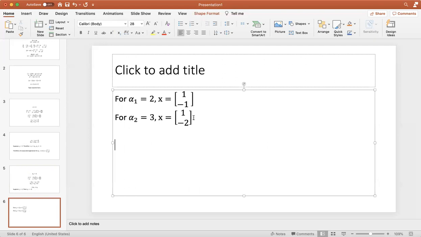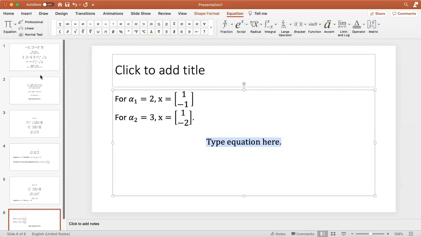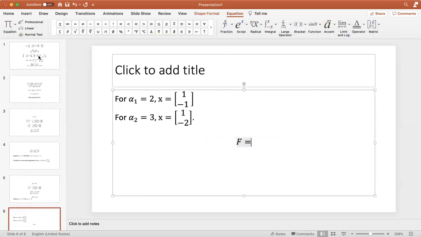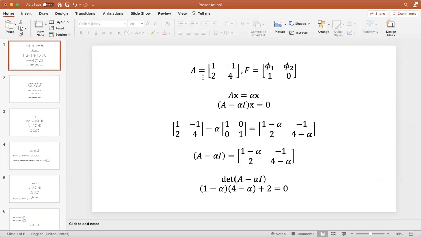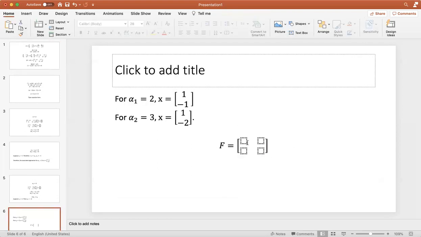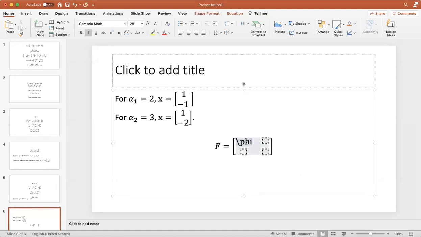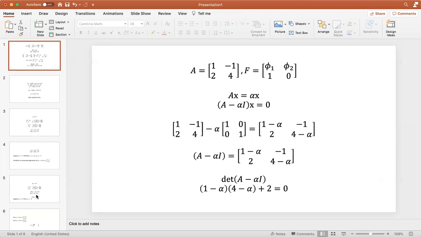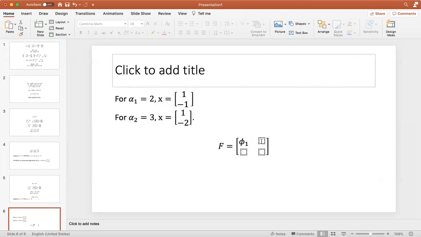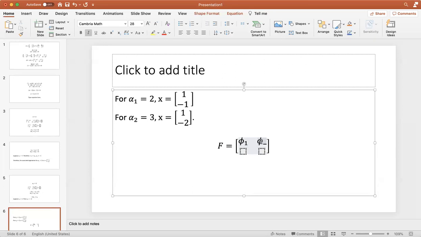Now, what if we encounter something like this? Suppose we have F equal to some matrix of parameters. If you notice, I derived this directly from the slides. All right, so this is practically an example in time series econometrics. This will be very useful.